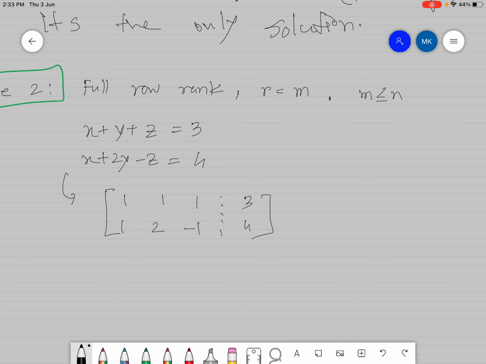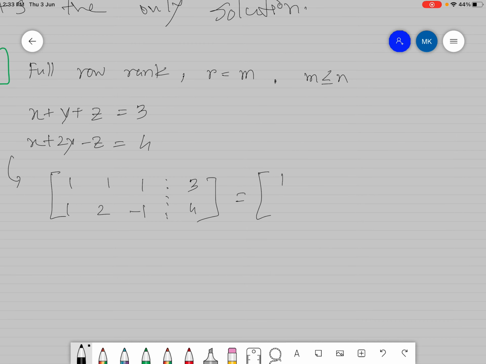From this if you do elimination you get 1 0 3, then 0 1 negative 2. So I have done the row reduced echelon form here, and 2 1, and this particular structure here has a very similar form to the identity matrix, and this is the free column.